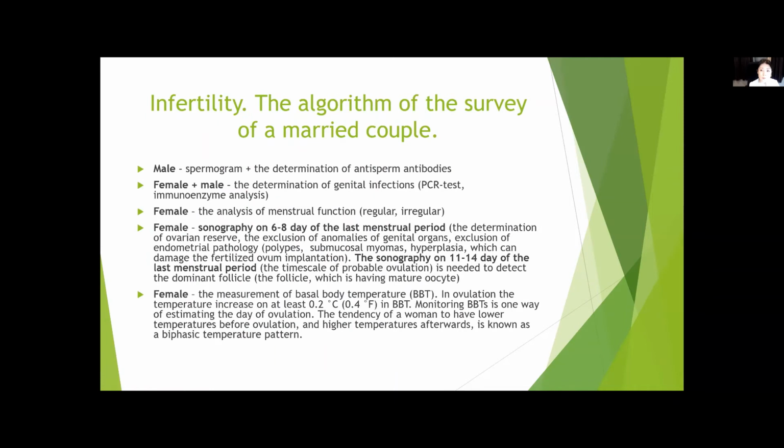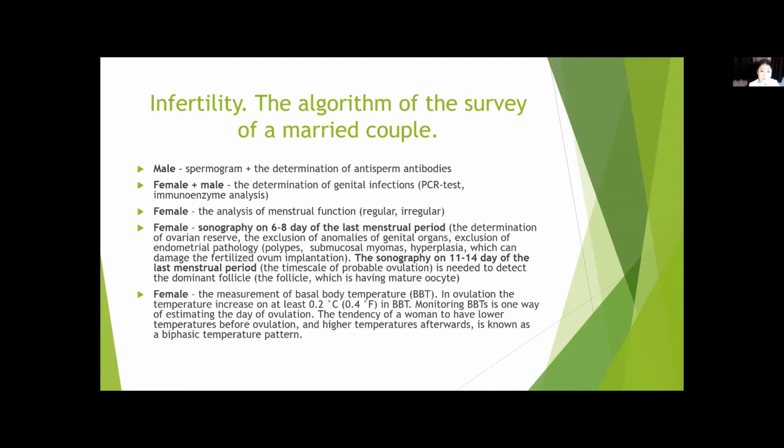The algorithm of survey of a married couple: for the male, spermogram and determination of anti-sperm antibodies. For female and male, the determination of genital infections, polymerase chain reaction test, immunoenzyme analysis.